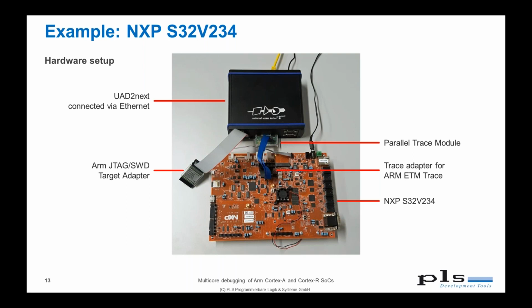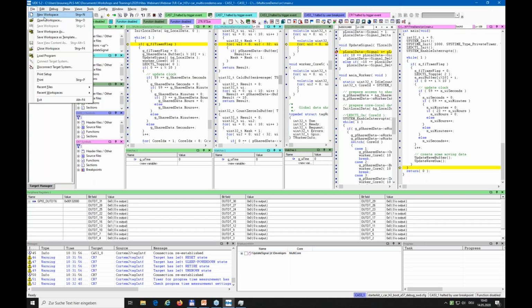We provide 512 megabytes here in this device. And what you can hardly see is the trace adapter here. It's a bit dark. So I open a new workspace, an already prepared workspace for that.